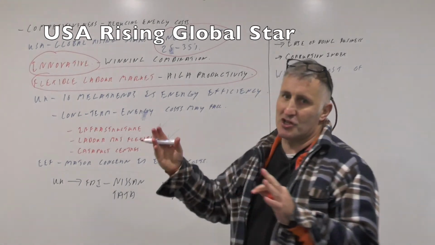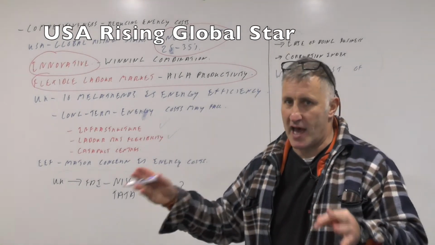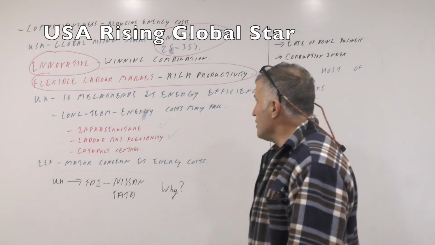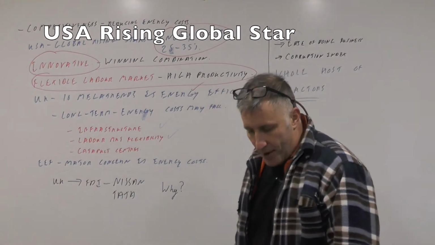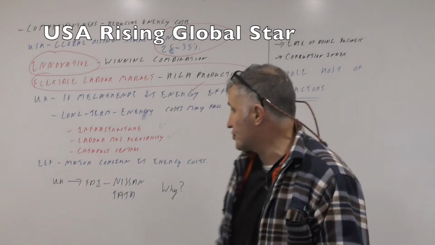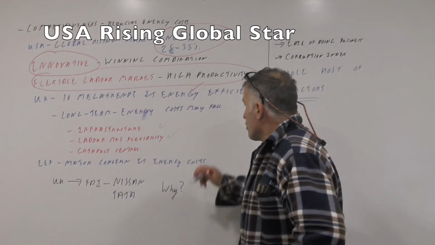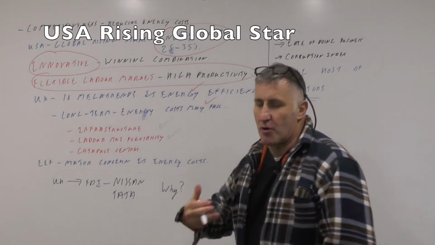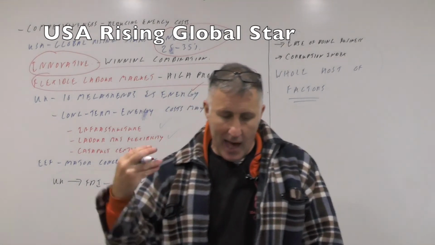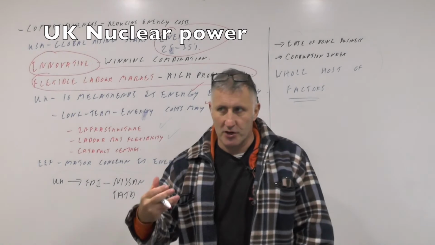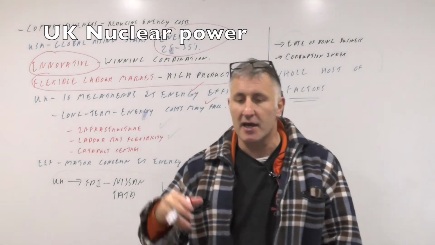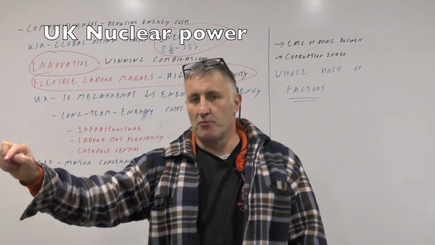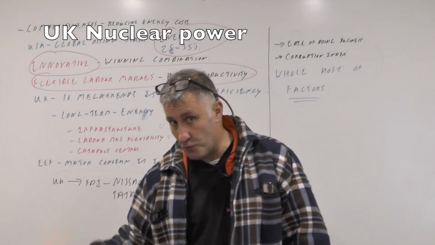I wanted to suggest that you might want to have a look at the 10 mega trends as outlined by the KPMG report. One of the key mega trends for the UK is in fact energy efficiency. In the long term, energy costs may fall because we may become more efficient and better at using energy. However, right now, the government has gone down the nuclear power route, and to attract money into the UK, they've offered firms from China and France very high prices for energy.